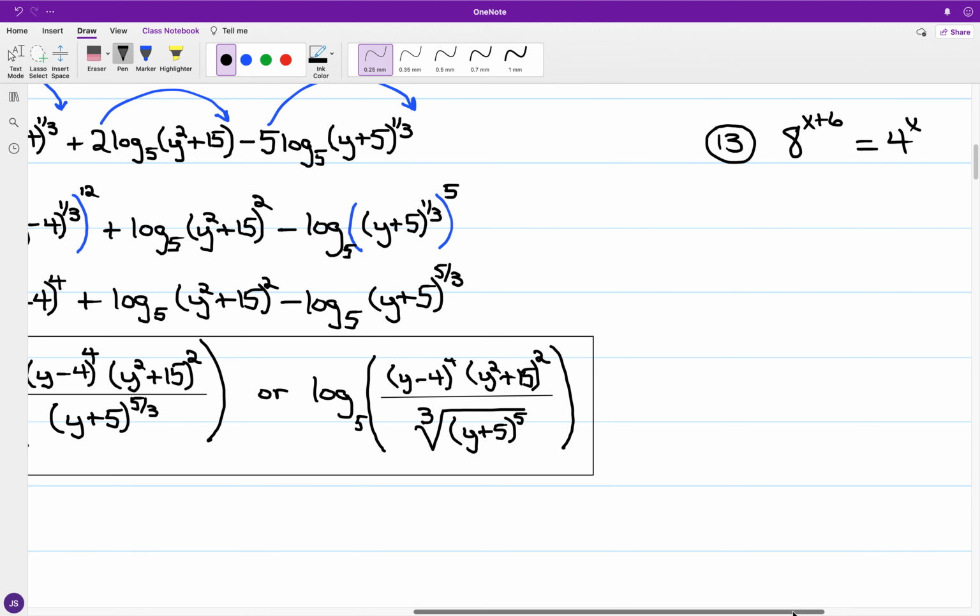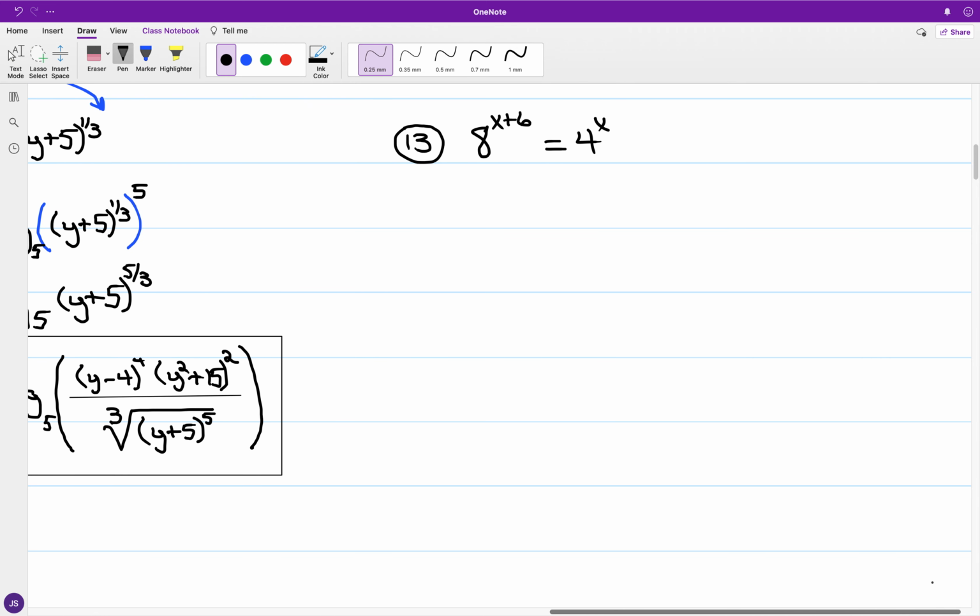And this is an example of an exponential equation that shares a common base. Now, the common base we do not have up right yet. 8 is a multiple of 4, but it is not an integer power of 4.